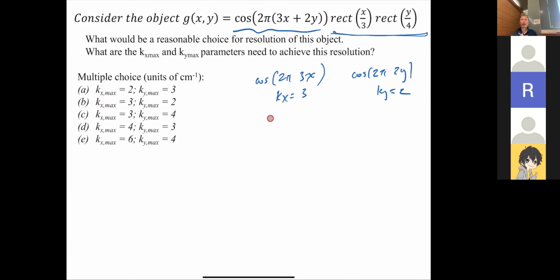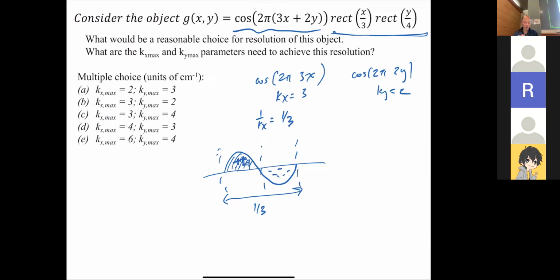Okay, but let's take another look at how we would think about it from a resolution point of view. If I have this function here, the period is 1 over kx, which is 1 over 3. If I think of the cosine, going from something positive to something negative, it would make sense to have those be my resolution cells.